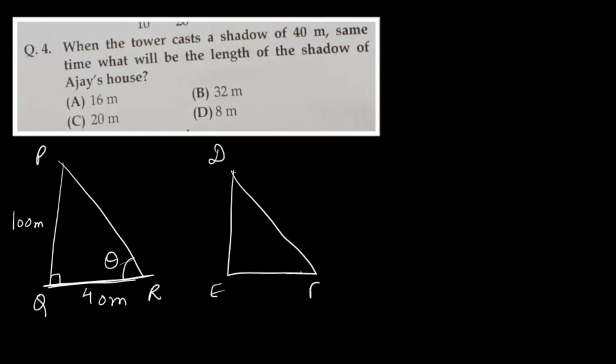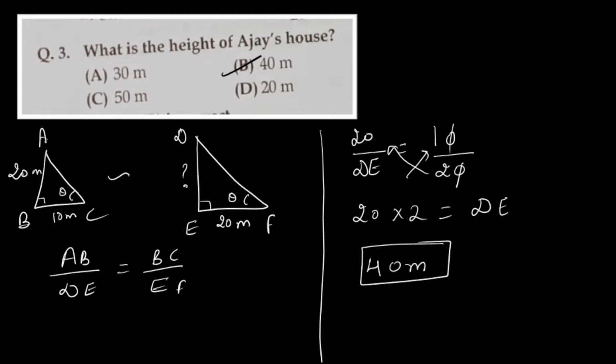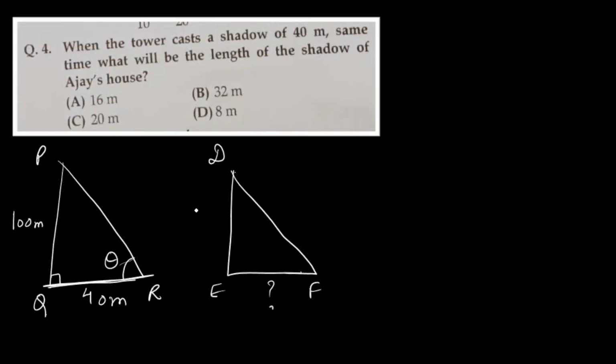Shadow will always be on the ground. What will be the length of the shadow of Ajay's house at that particular time? Length of the shadow means we have to find the length of EF. And the height of his house we have already found, 40 meter.